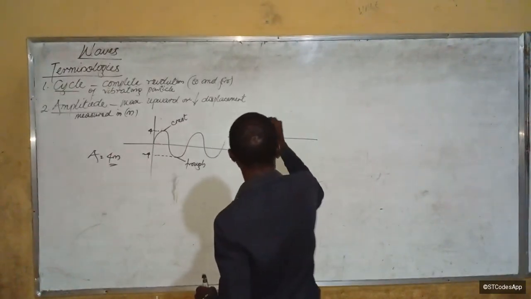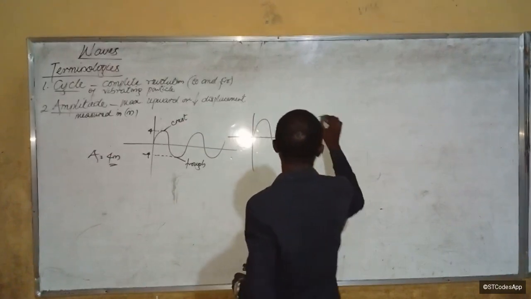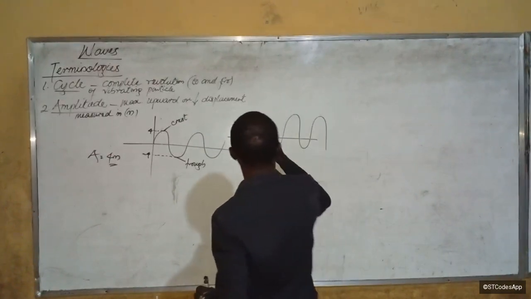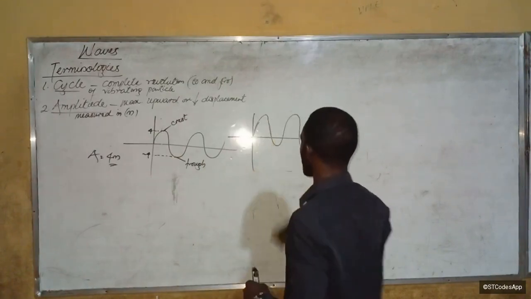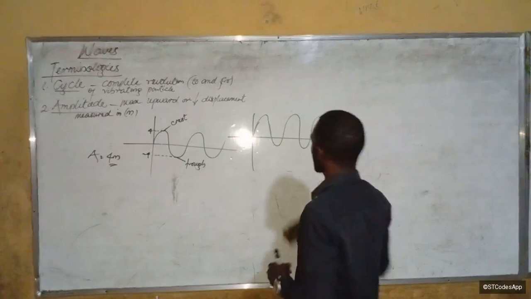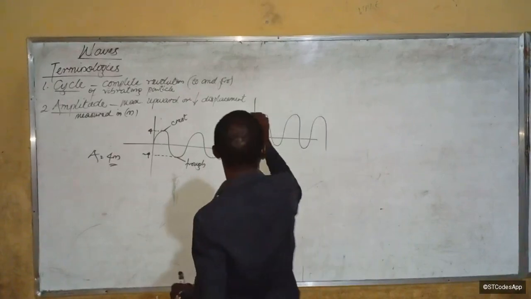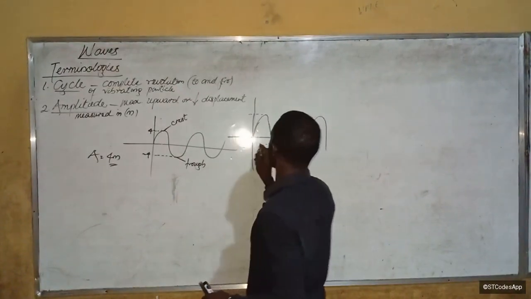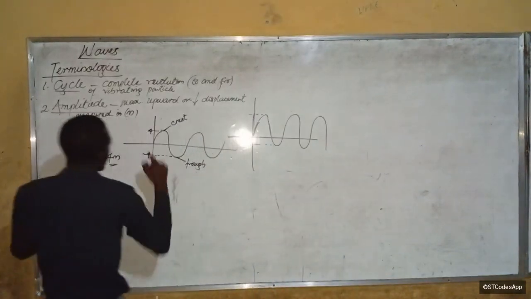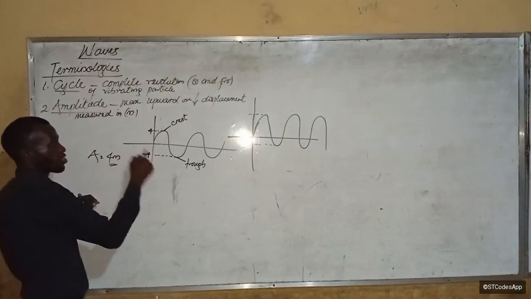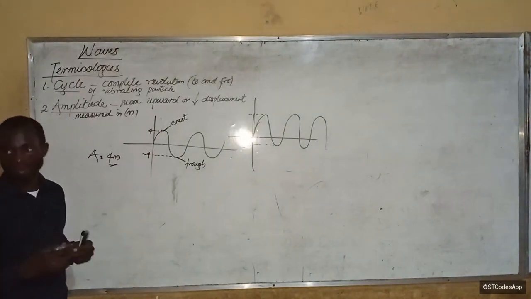So for example, look at this wave now. You notice that this top here is more than this bottom, right? Remember I said you just pick from here to here, 4, or from here to here, 4, because it is regular.